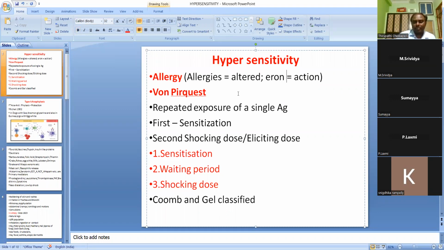The difference is that in autoimmunity our self tolerance is lost, so our immune system cannot identify our own cells or self antigens. Whereas in hypersensitivity, our immune system functions more than normal. Overexpression of the immune system is hypersensitivity.